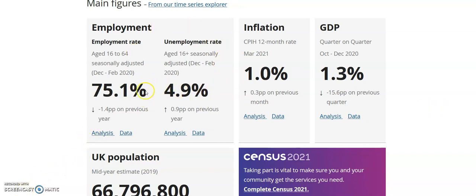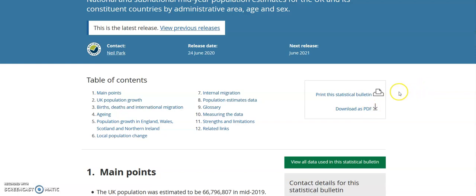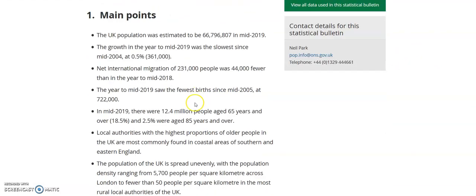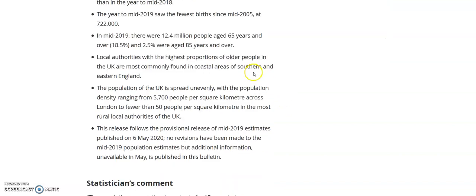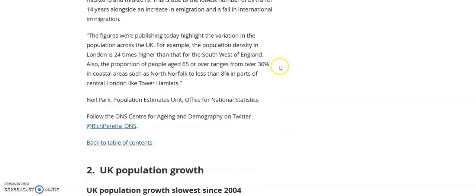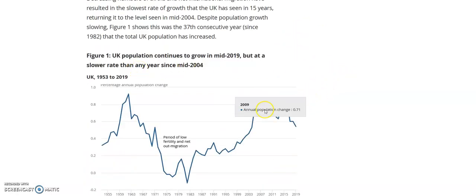If we click on UK population and then on analysis, you will find very important information and a breakdown of the UK population, talking about the growth percentage and different components of the population. The first graph here is UK population growth.